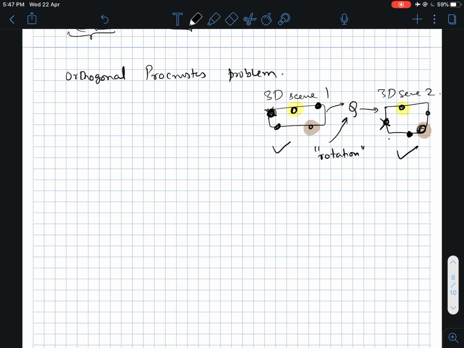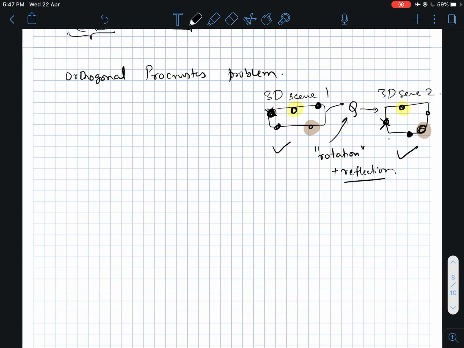Let's say all the other parameters are the same, and the distance from the object is also the same for both cameras, in which case the only thing that's different is the orientation. So it's very natural to assume that the vectors corresponding to the first scene are related to the vectors in the second scene by a simple rotation, or a multiplication with an orthogonal matrix.